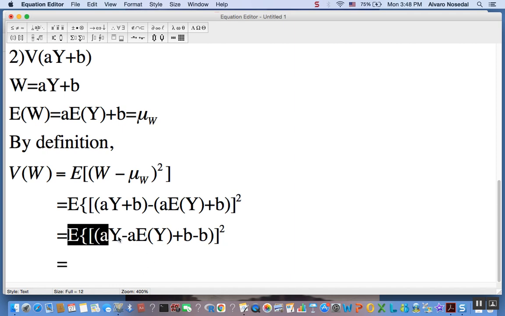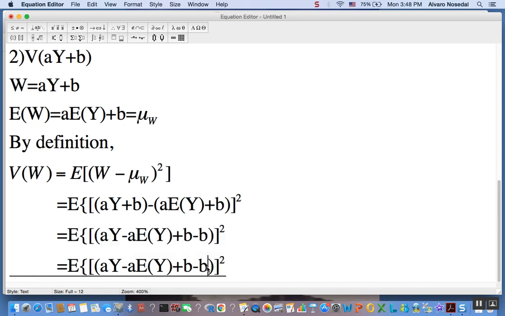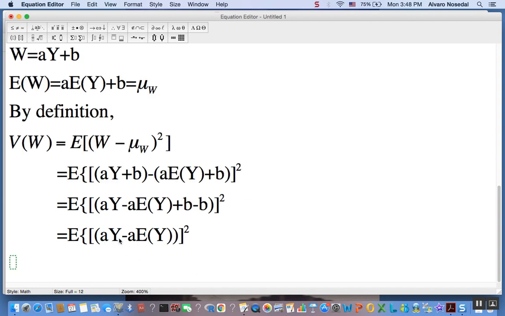Okay, so now the only thing that we have left is these two terms, a times y minus a times expected value of y. But note that something that we can do is this is a common factor. So let's factor it out.